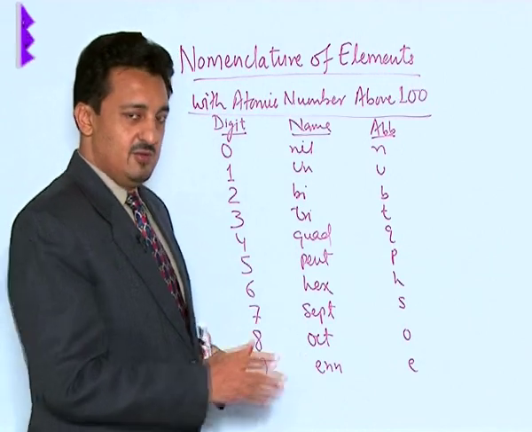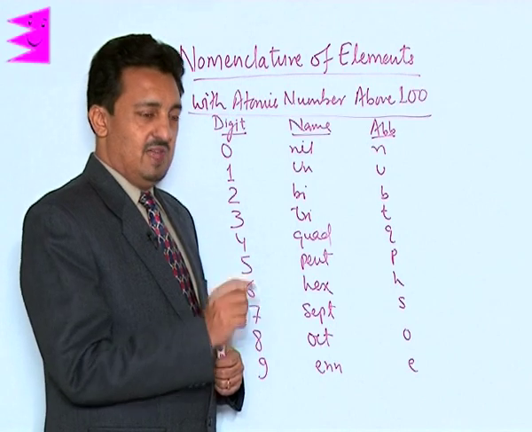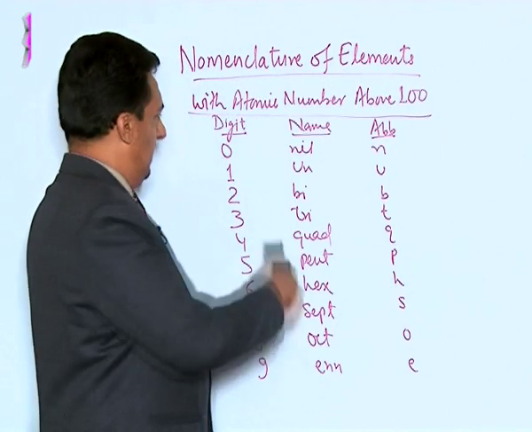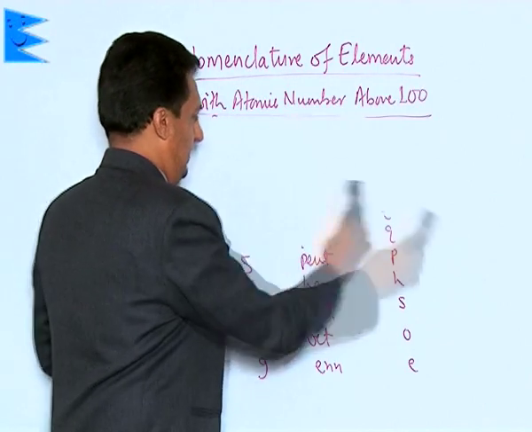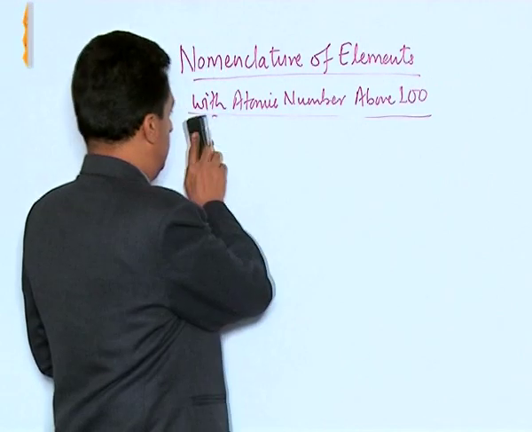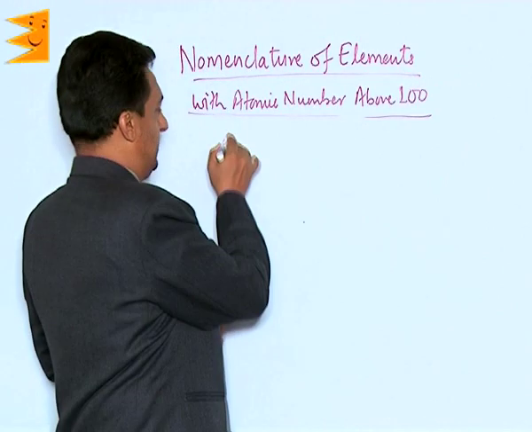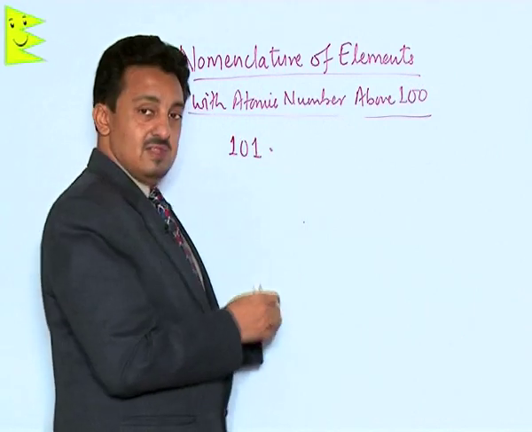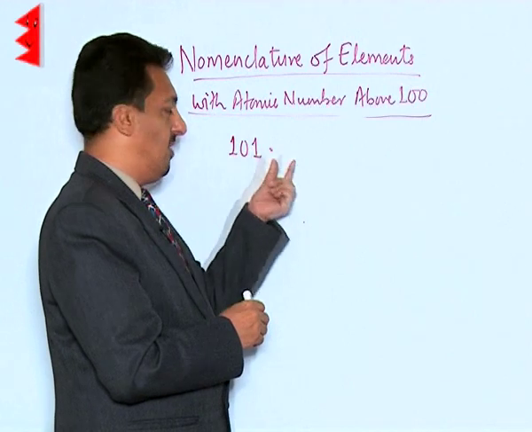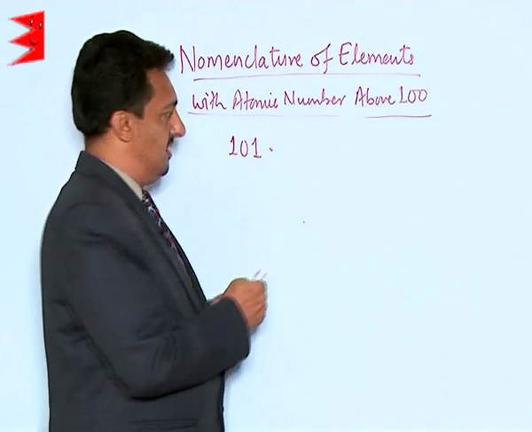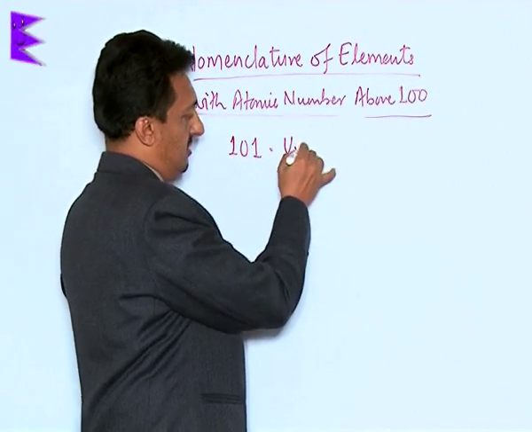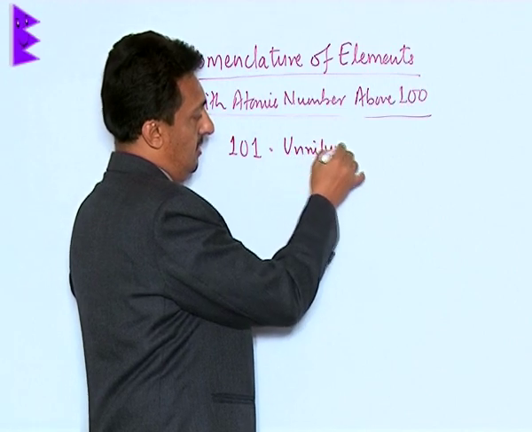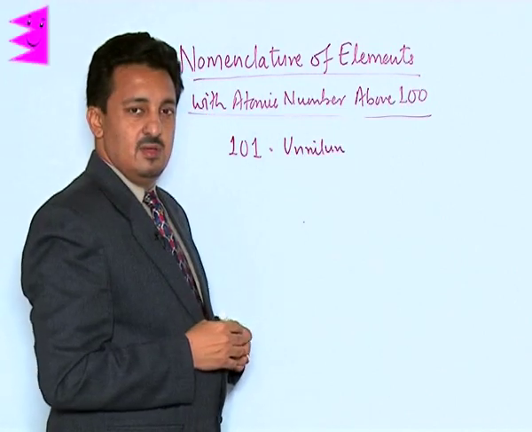Now suppose we have an element with atomic number 101. We will write down the digit names in the same order in which they appear in the number, so we have un, nil, un.